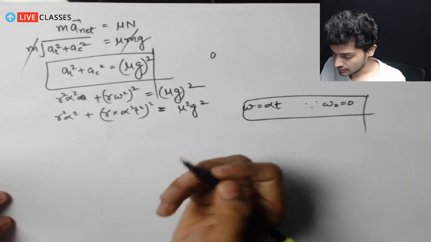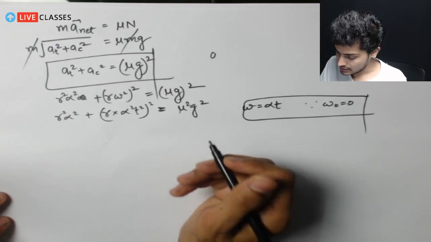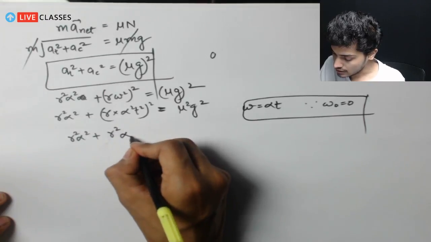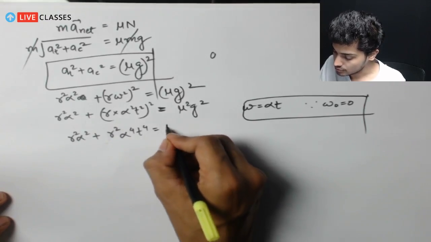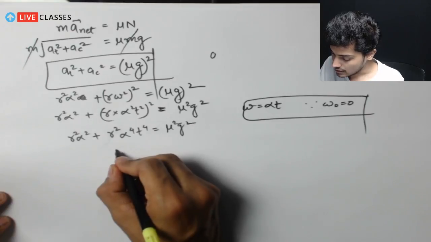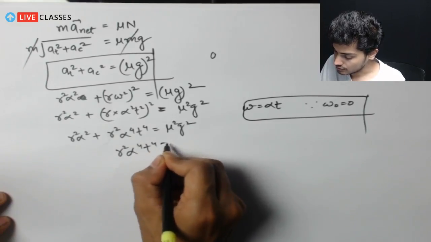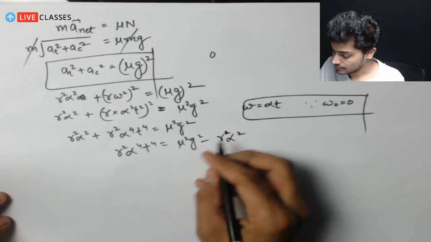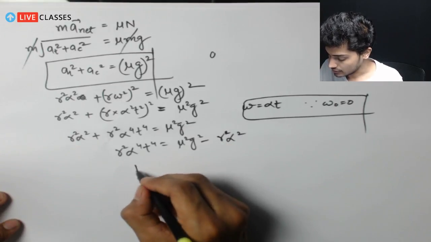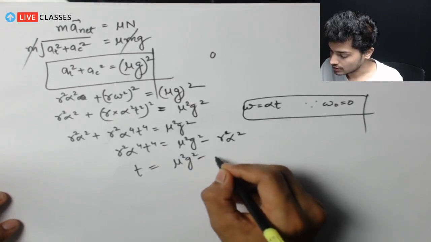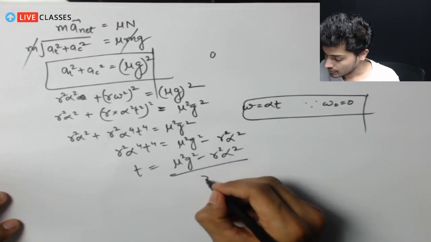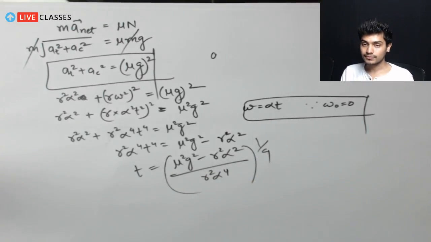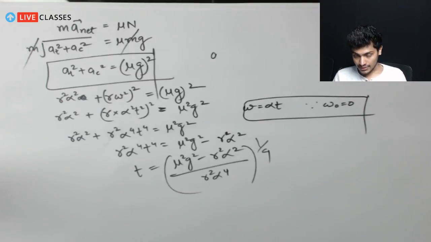So r square alpha square plus r square alpha to the power 4 t to the power 4 equals mu square g square. r square alpha to the power 4 t to the power 4 equals mu square g square minus r square alpha square, and t will be equal to the fourth root of (mu square g square minus r square alpha square) by r square alpha to the power 4. This will be our t, right?